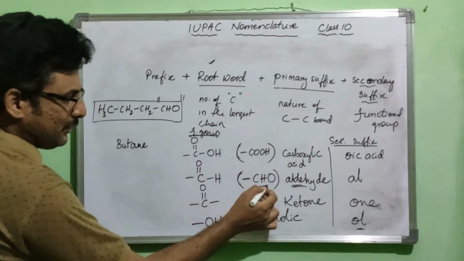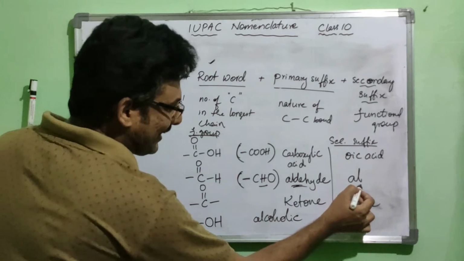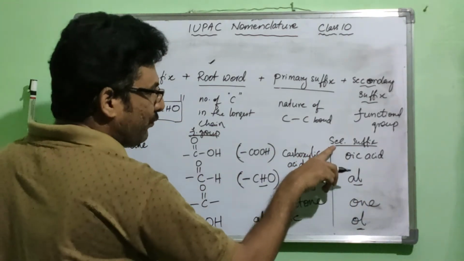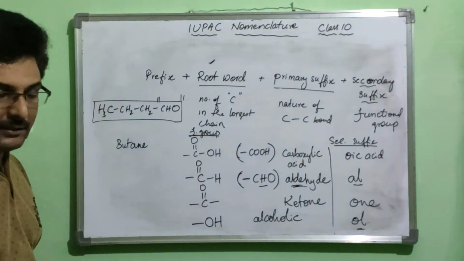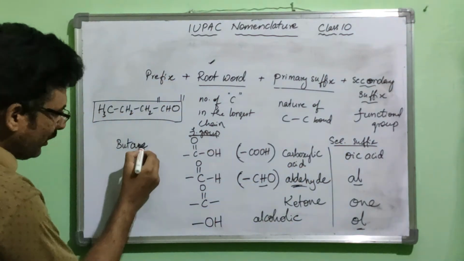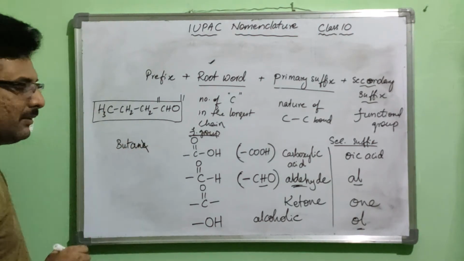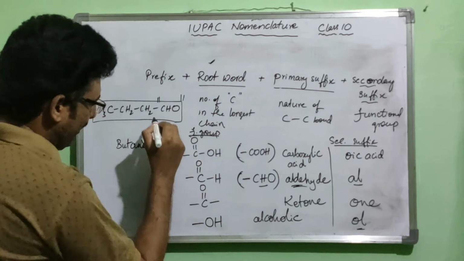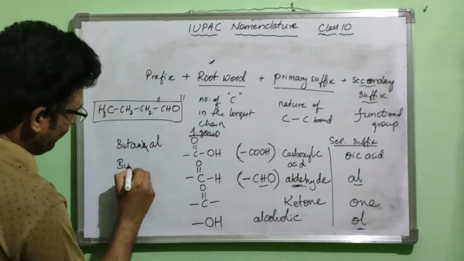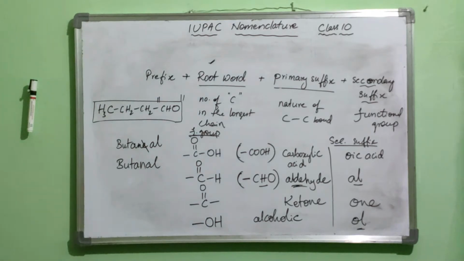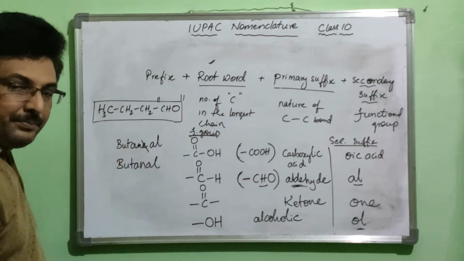So when you have this CHO aldehyde group, the secondary suffix is al. Okay. So before you write this secondary suffix, you have to remove this e from this ane and add that al. So now it will be butanal. Okay, so it is butanal.